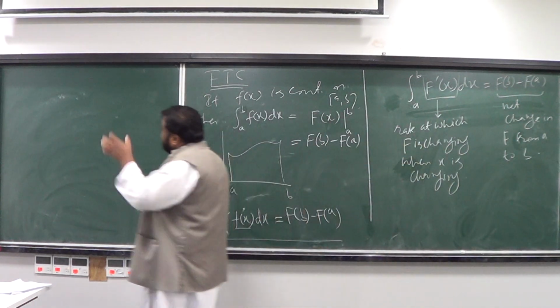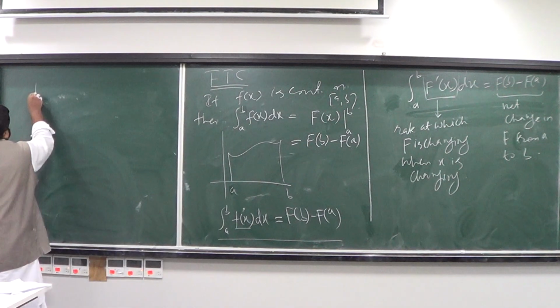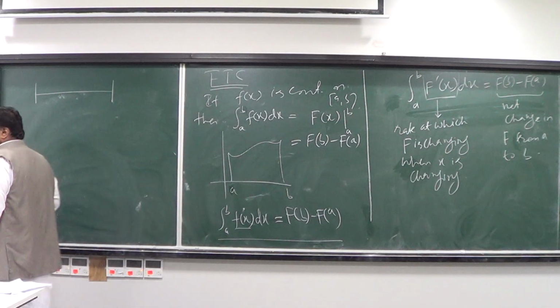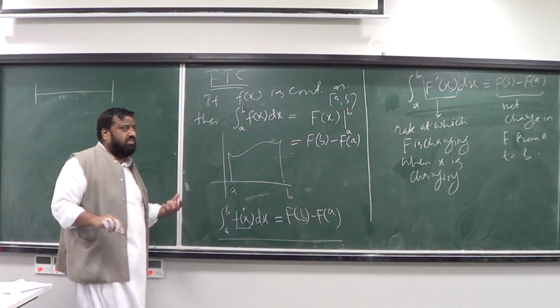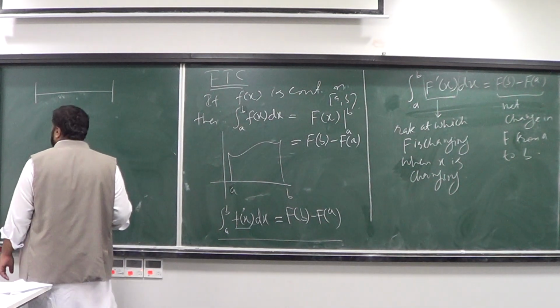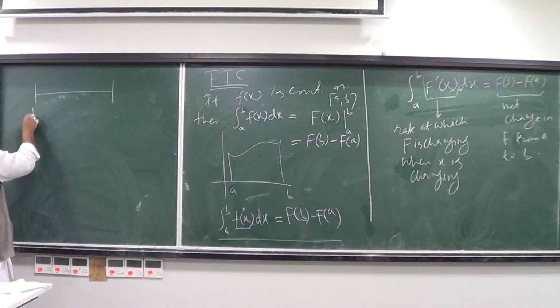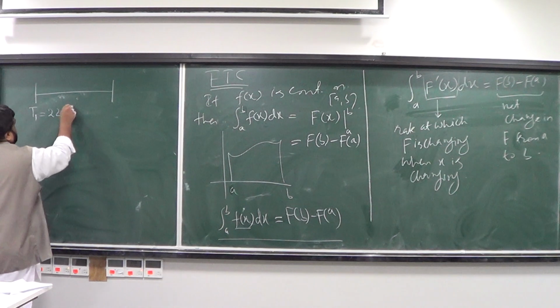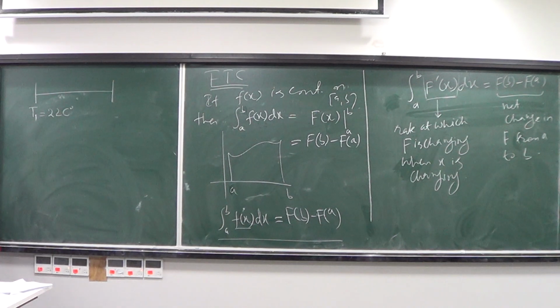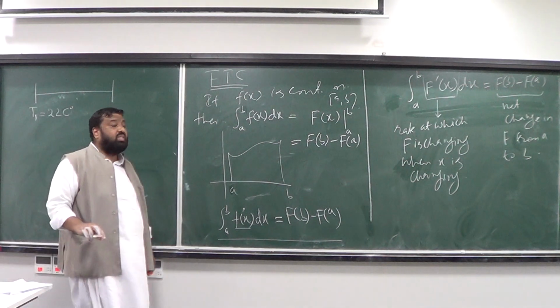For example, you woke up in the morning and saw a certain temperature your mobile phone is showing. Imagine that your mobile phone is showing, say, 22 centigrade, that the temperature outside is 22 centigrade.